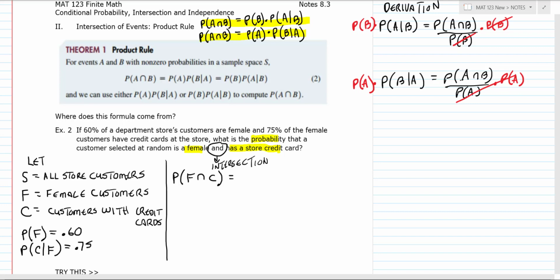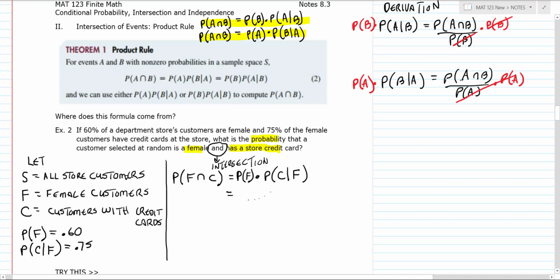So according to this formula, you're going to have to use this one right here. We're going to do two things: the probability they're female, which we know, multiplied by the probability that they have a credit card given they're female. Those are the two things given in this problem.